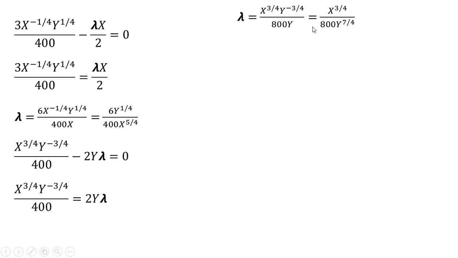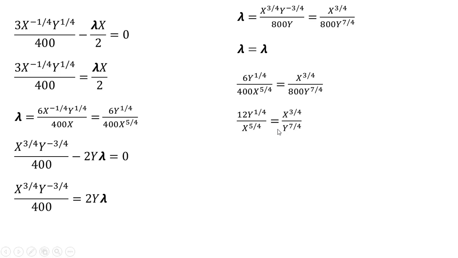Moving over here, we get this result. Now we're going to set lambda equal to lambda. So our two lambda equations, this one and this one, set equal to each other. And simplify. We get this, and simplifying further.